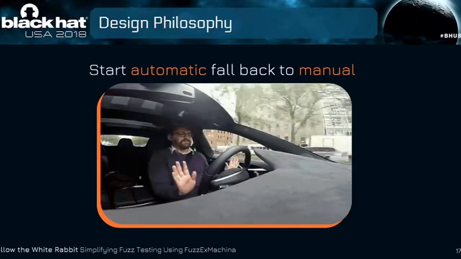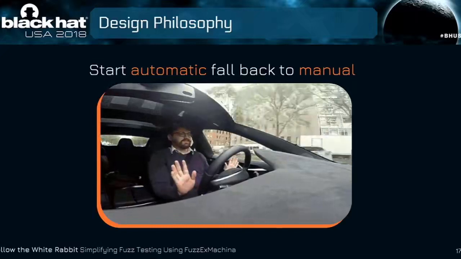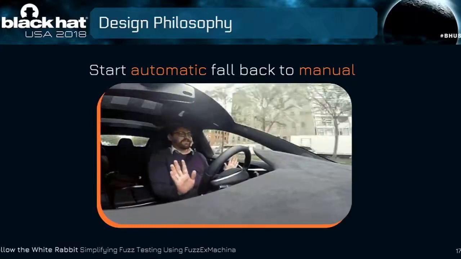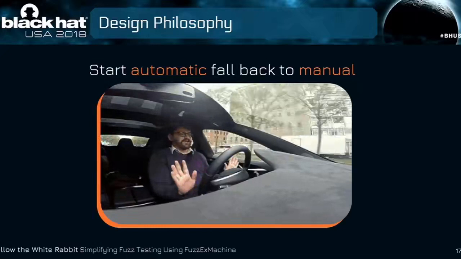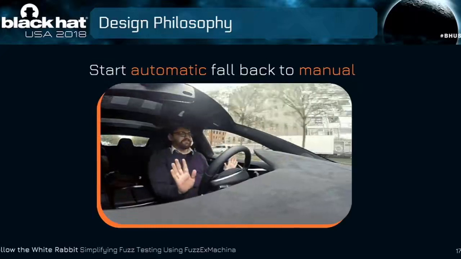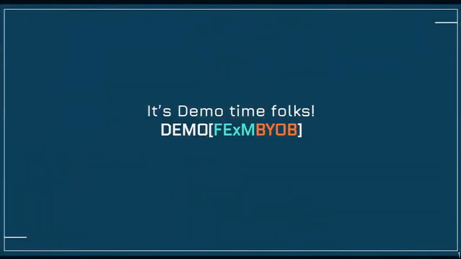So with this design philosophy in mind, we've designed FExM. And at this point, I'm going to show you a demo of how you can use FExM to essentially fuzz software that you care about, in other words, the BYOB mode. And here, my colleague Vincent is going to help me with the demo.